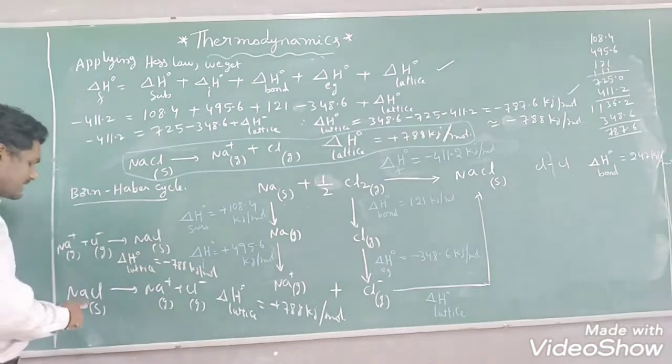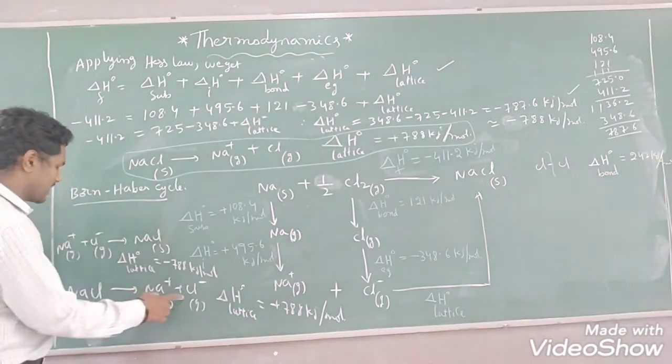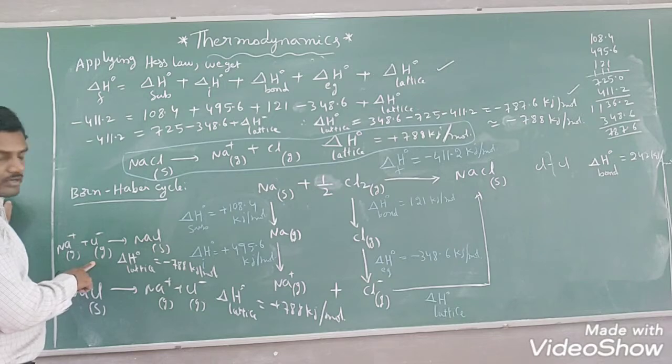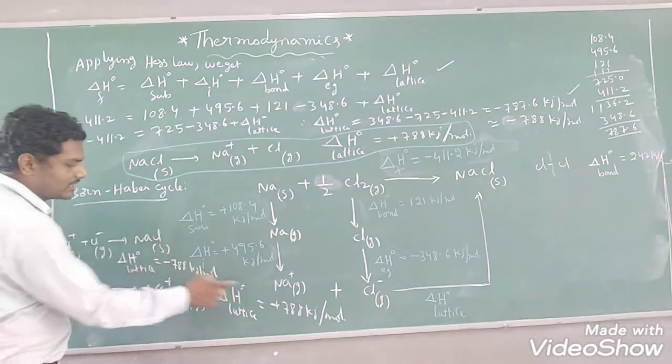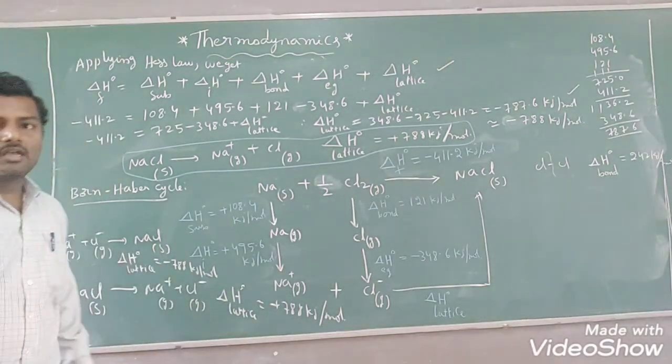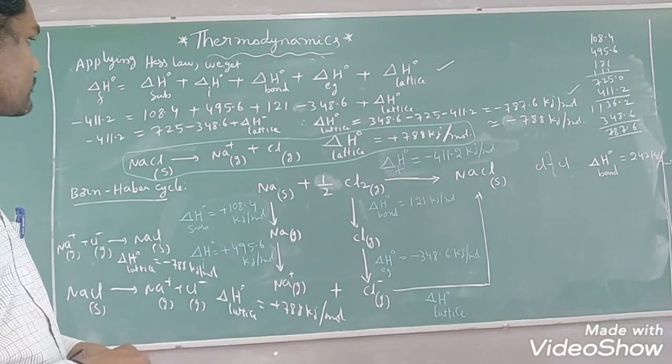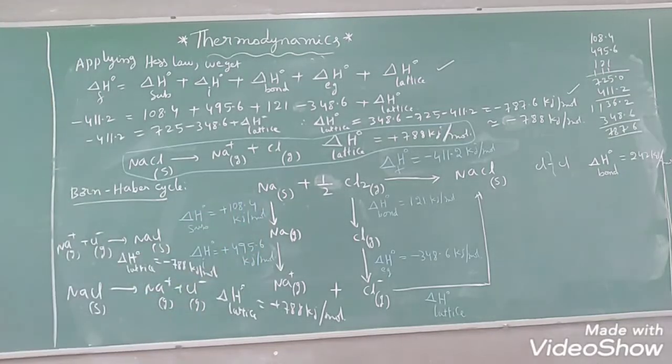See here, the lattice is formed from its gaseous ions. It is the reverse process, so that's why there is a negative sign here. Here it is a positive sign. I hope everybody understood this Born-Haber cycle. Okay, now you have to follow this. Copy this one.